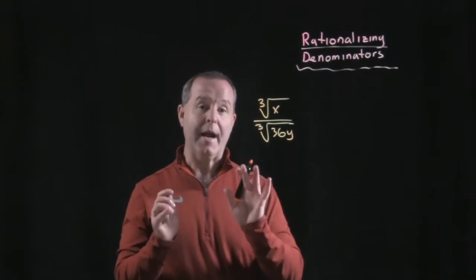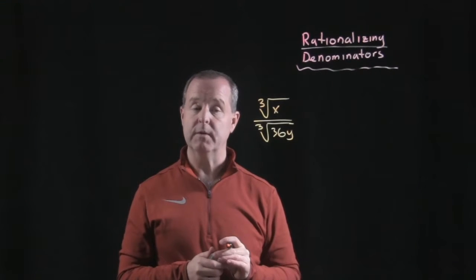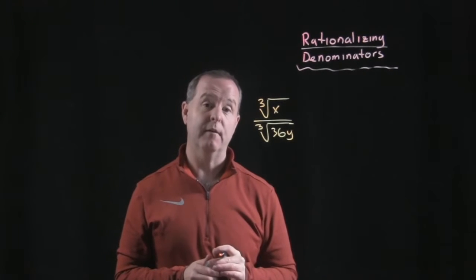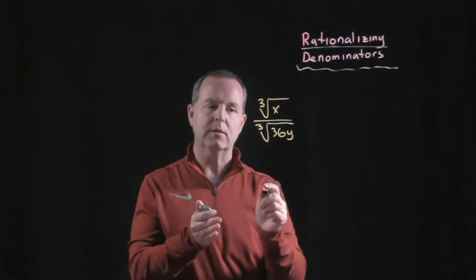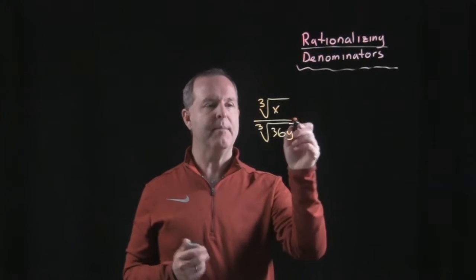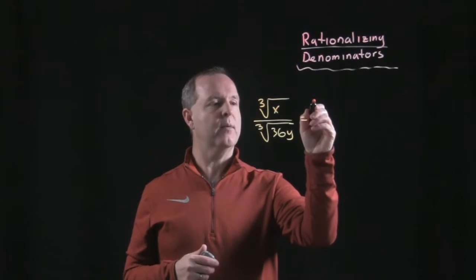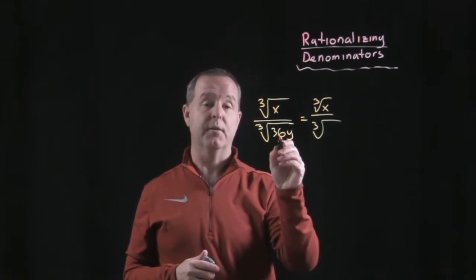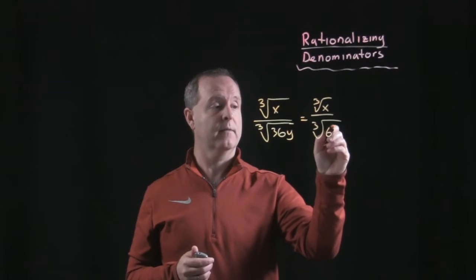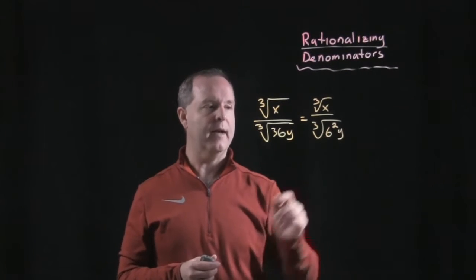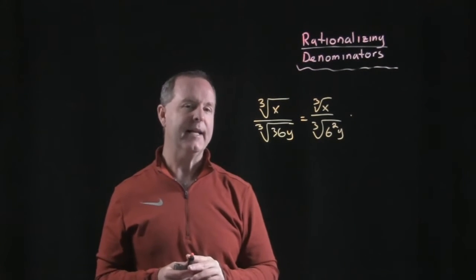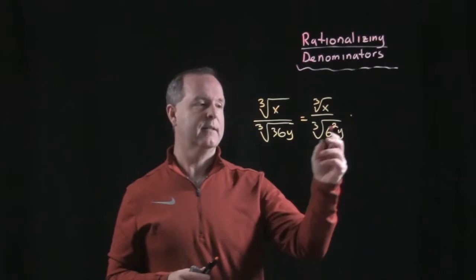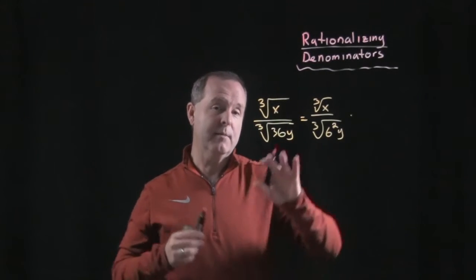For this one, recognize first that we're within a cube root. So I need to figure out what's my clever version of 1 in cube root world. To identify that, it might be helpful for some of us to rewrite this as cube root of x over the cube root of 36. 36 is also a 6 squared. If I can recognize that, then I can see that I need to have a total of 6 cubed in my final version.